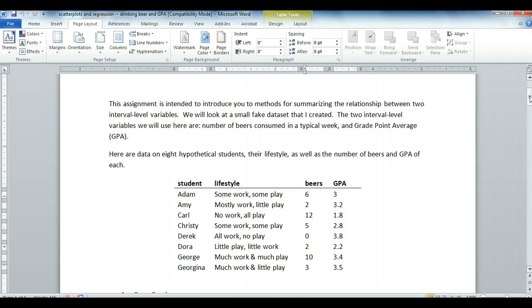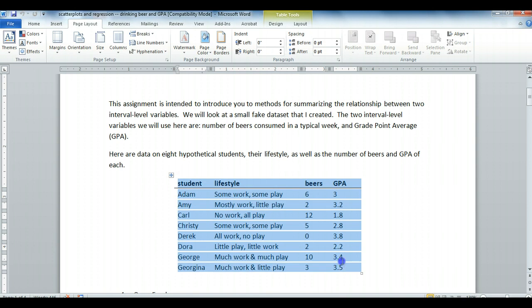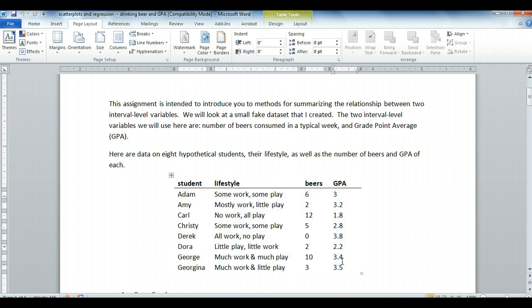And if we just look at this data before actually getting into the meat of this assignment, we can just guess from our own observations that the more party animal type people probably have lower GPAs than the more studious people.